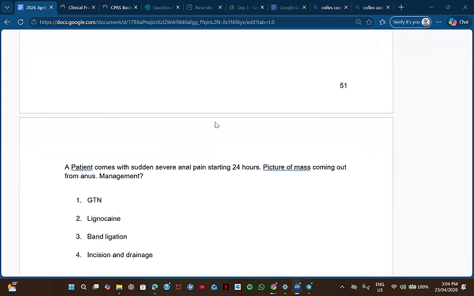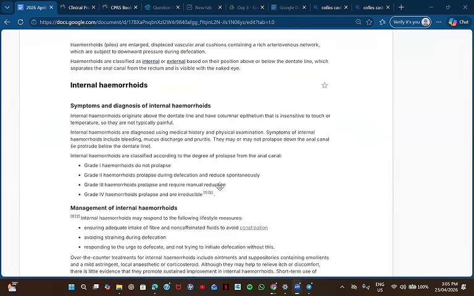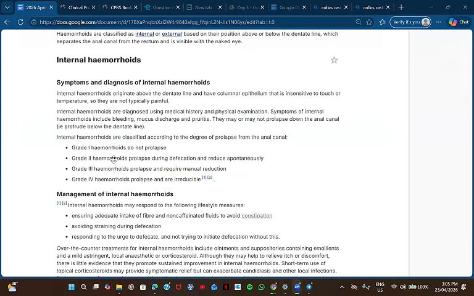We have four grades, right? So tell me, how does grade 1 internal hemorrhoid present? It does not prolapse. Grade 2, the hemorrhoid prolapses during defecation and reduces spontaneously. Grade 3, the hemorrhoid prolapses and requires manual reduction.